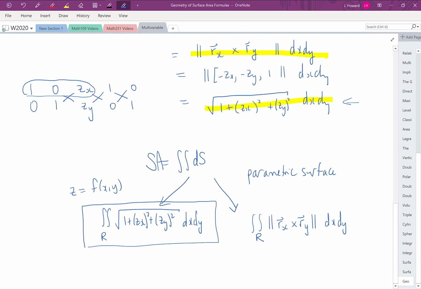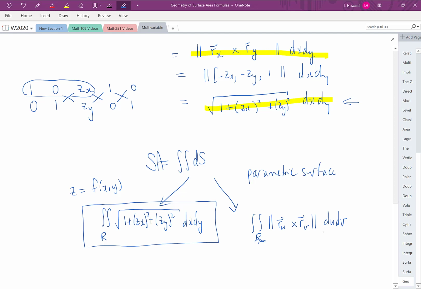Now, this comes out written in terms of x and y just because of the notation that I chose for the problem. But typically, if you're calling your parameters, say, u and v, then this would look like r sub u cross r sub v, take the length of that, and then that would force your differentials to look like du dv. And then r here just represents whatever u and v values were given in the problem.